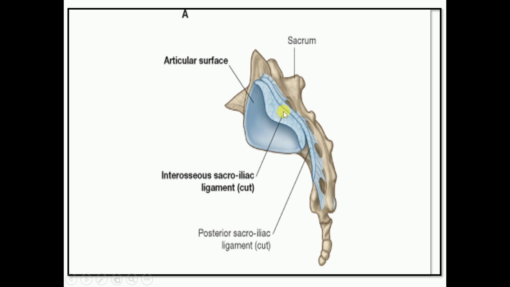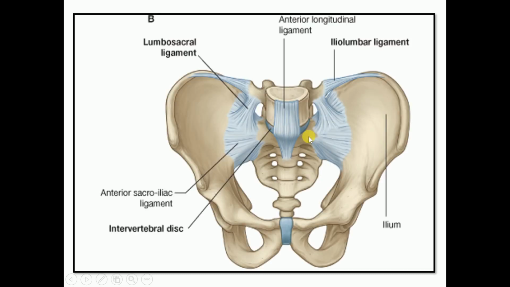Then the ventral sacroiliac ligament. Here the anterior sacroiliac ligament can be seen. This one is the ventral sacroiliac ligament, which connects the ala of the sacrum as well as the pelvic surface of the sacrum with the adjacent part of the ilium. That is the ventral or anterior sacroiliac ligament on each side.